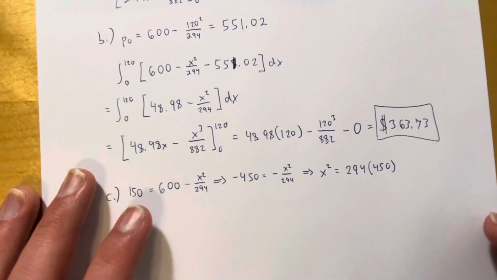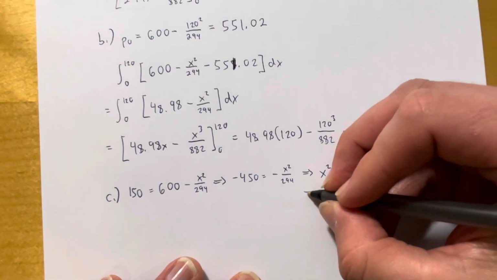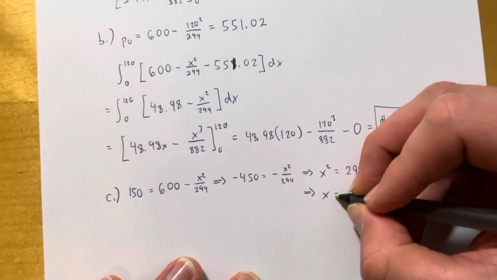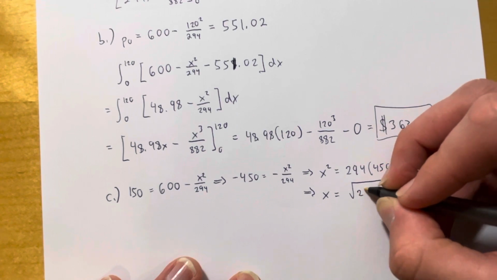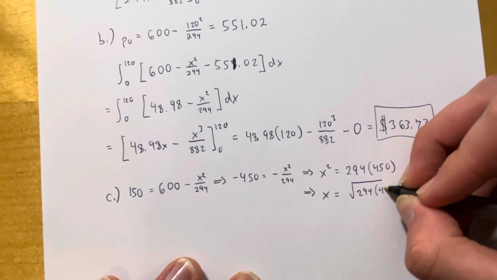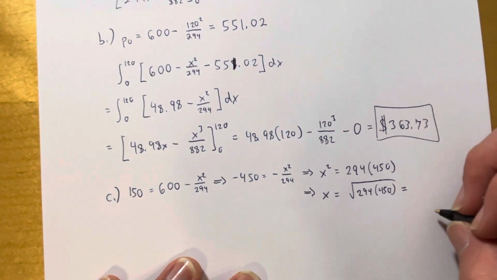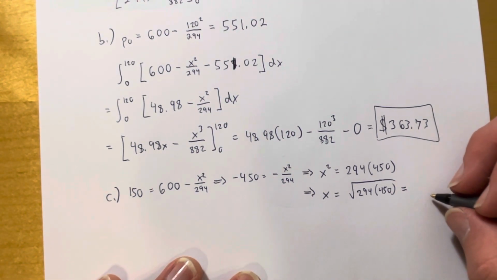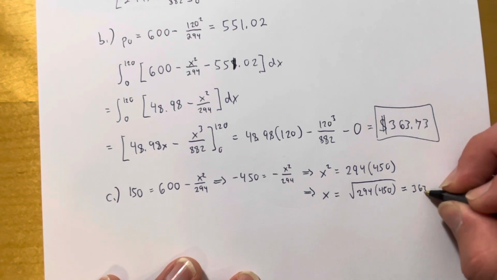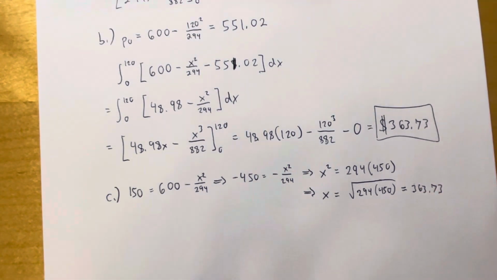I didn't compute that because you don't really need to. X squared, to solve for that, I would just get x. I would take square roots. And I have to round it, but it comes out to approximately 363.73.